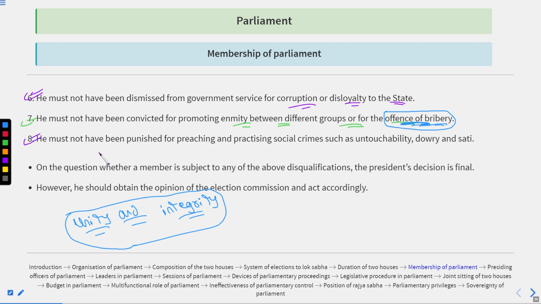Thereafter, he must not have been punished for preaching and practicing social crimes such as untouchability, dowry, and sati. Why?